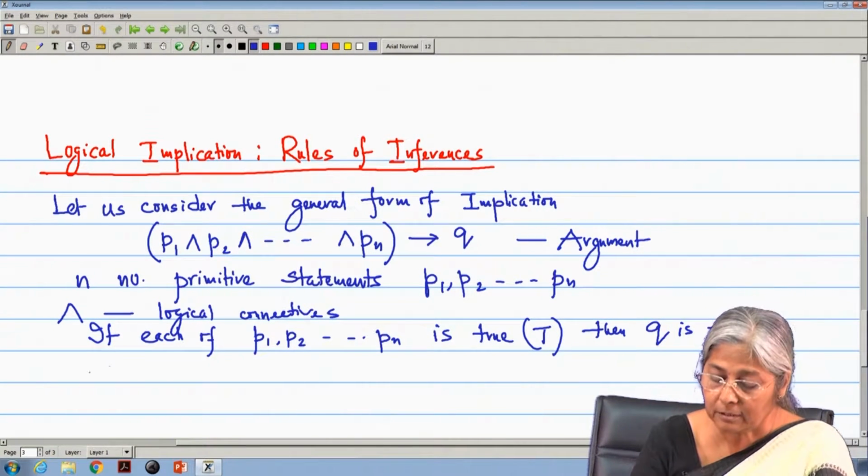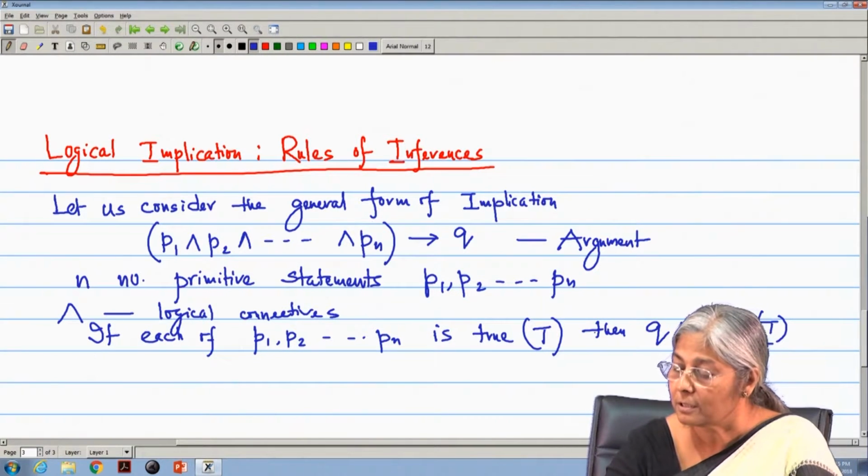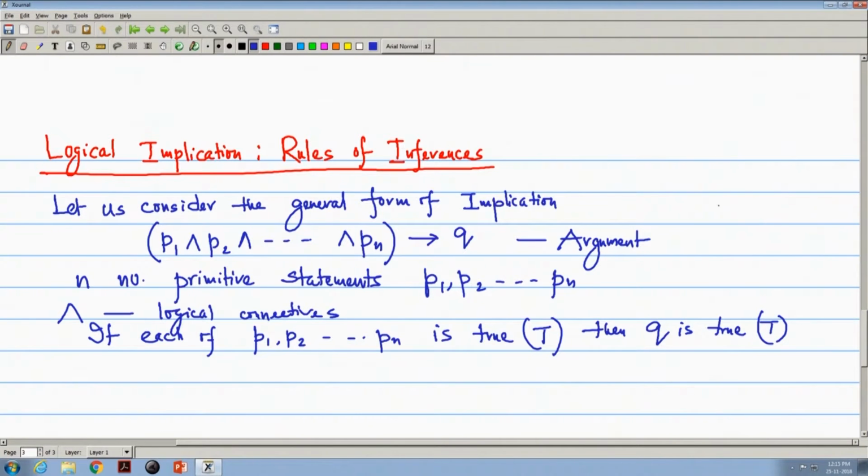When will it be invalid? We remember the implication truth table: P implies Q, with P and Q values. If it is TF, then it is false. If it is FT, then it is true. If it is FF, then it is true.